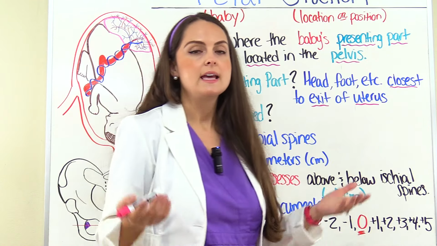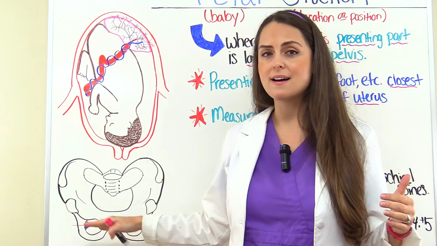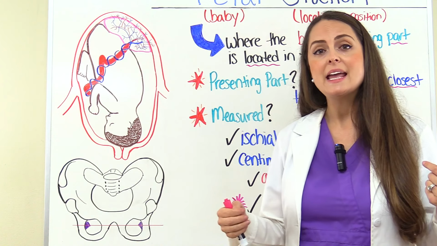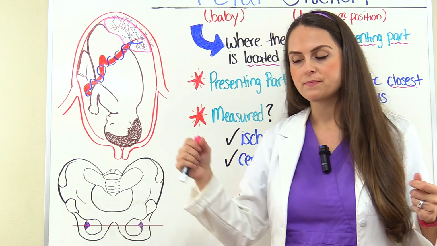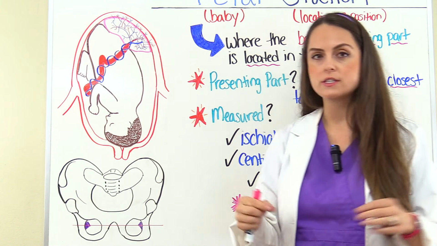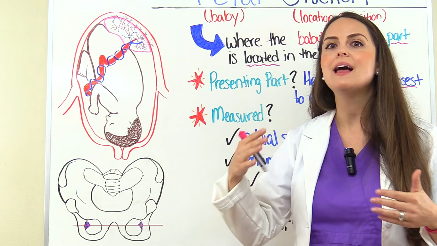So for instance, if the baby's presenting part is above this ischial spine line, we refer to it in those minus numbers. If the baby's presenting part is below the ischial spine line, we report this as positive or plus numbers.